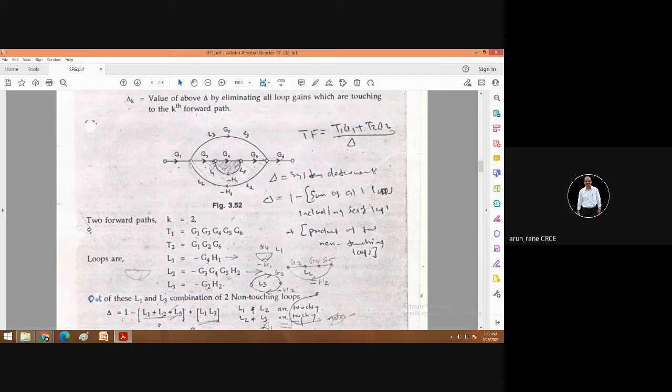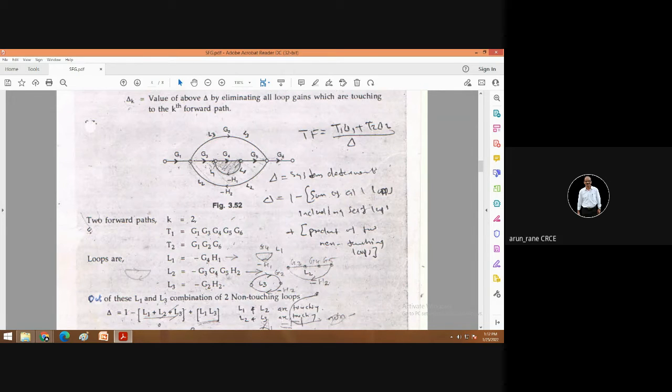Since it is feedback, it will be minus H2. So L2 will be minus G3, G4, G5, H2. The gain of this loop 2 will be G3, G4, G5 and then minus H2.